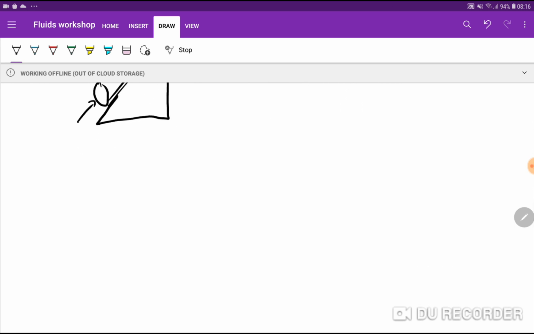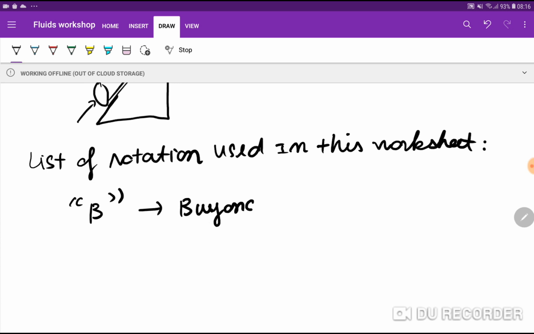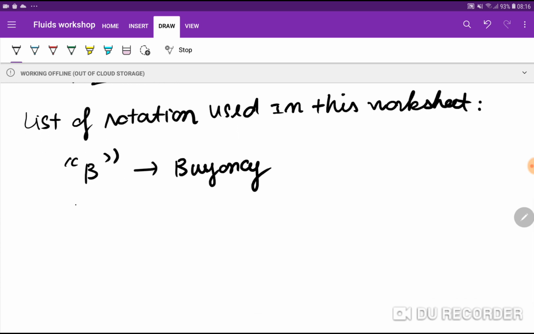So the list of notation used in this worksheet. You have B, which stands for buoyancy, and G, which stands for gravity.